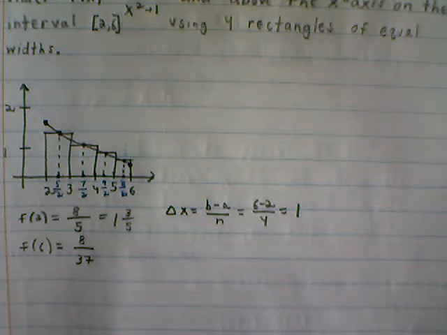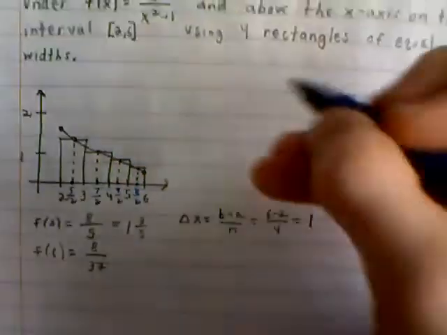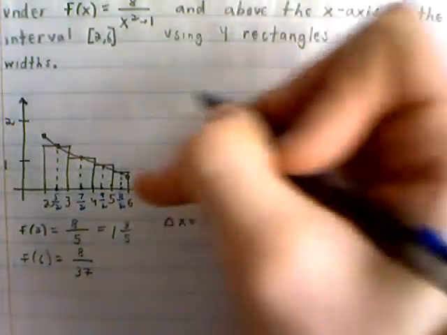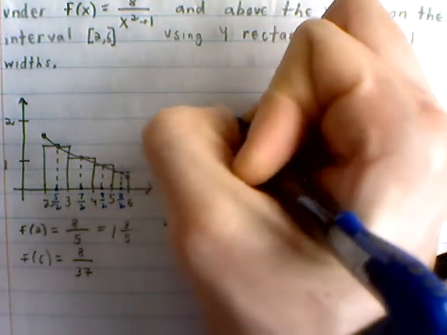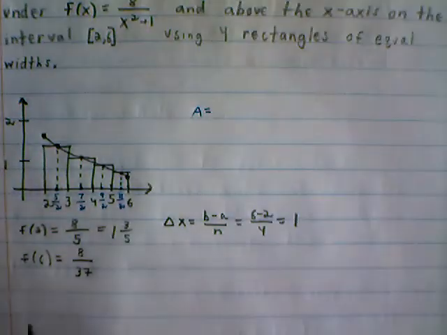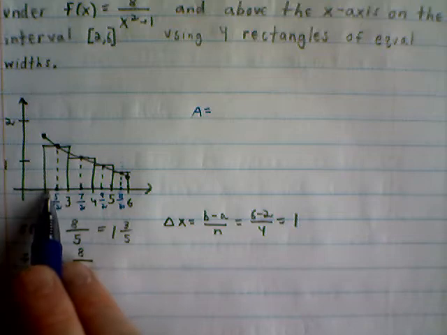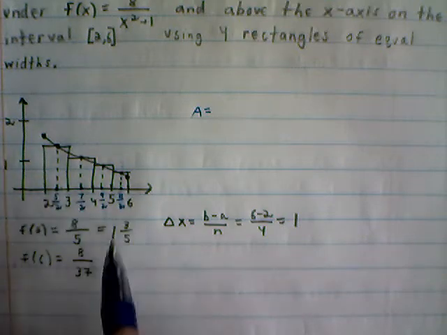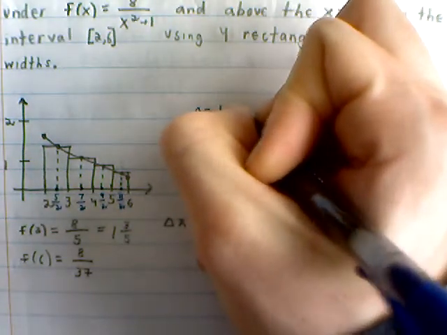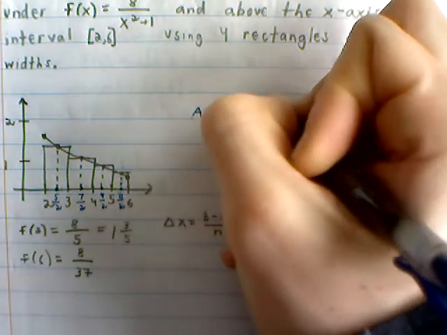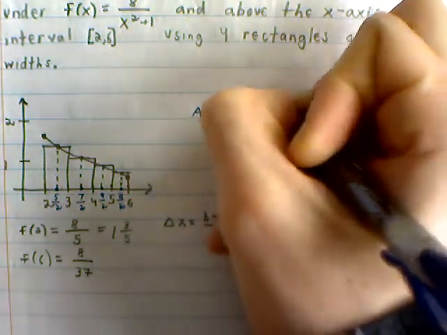So now let's go ahead and write an expression for our area. Our area will equal, each width this time is 1, because each subinterval has a length of 1. So I'm going to have 1 times f of 5/2.